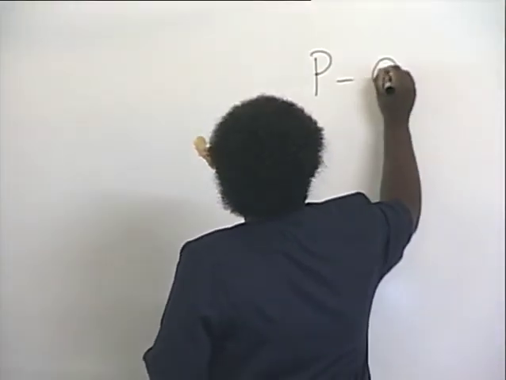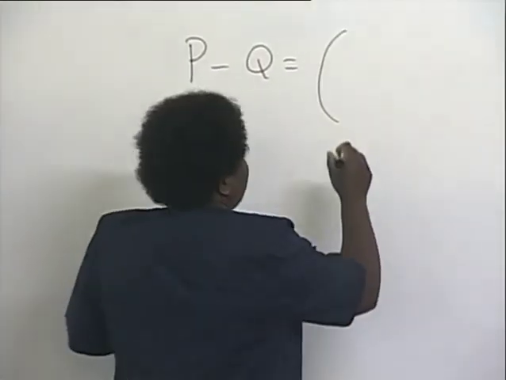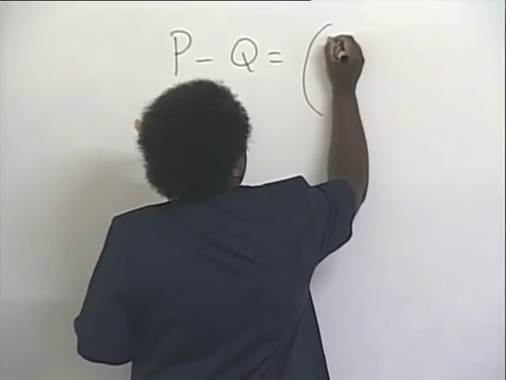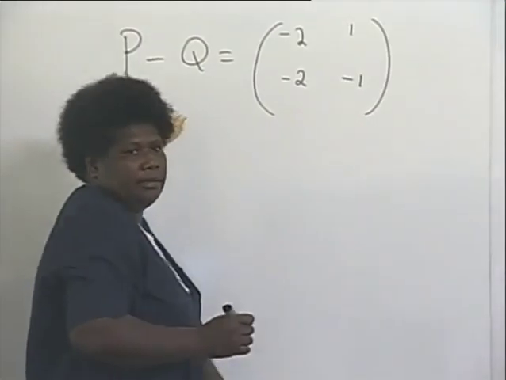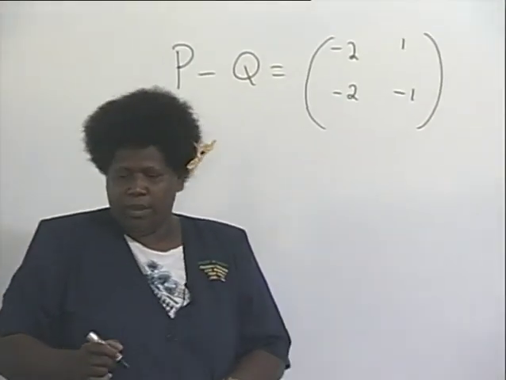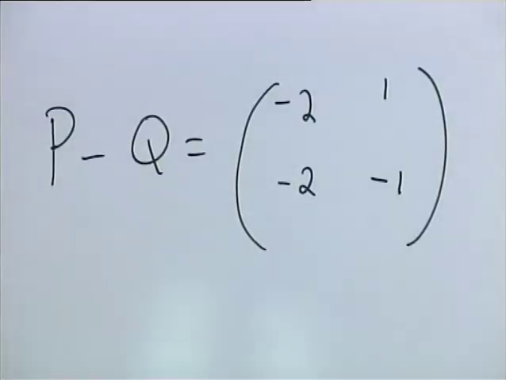P minus Q is column -2, -2 and next column is 1, -1. Like that: -2, -2, 1, -1. Is that correct? Okay.